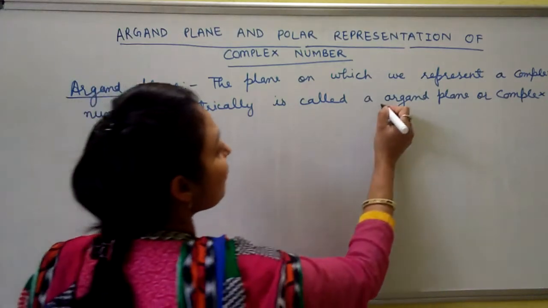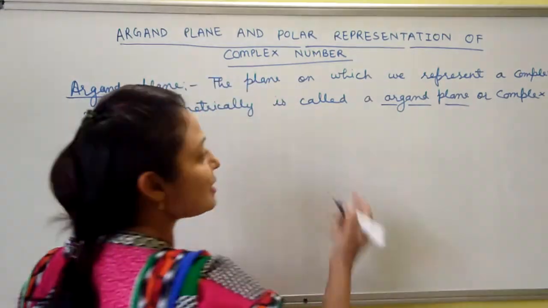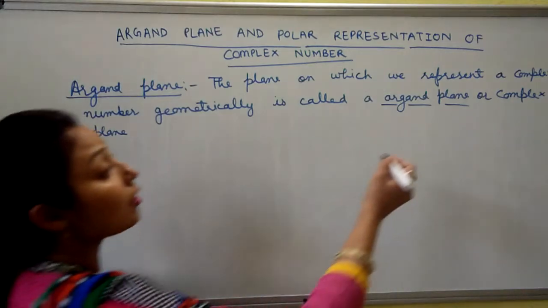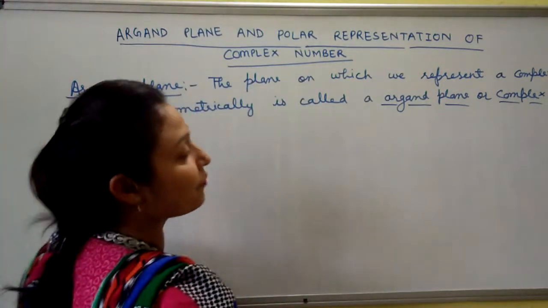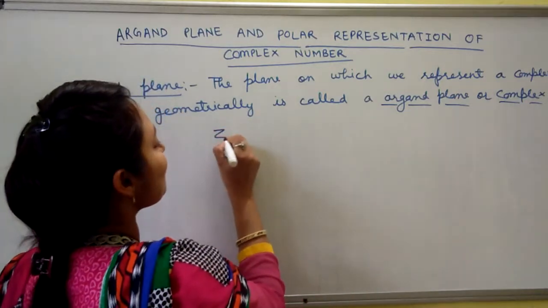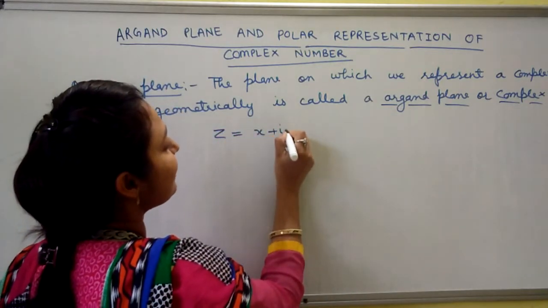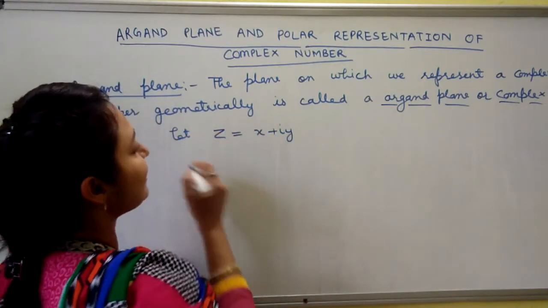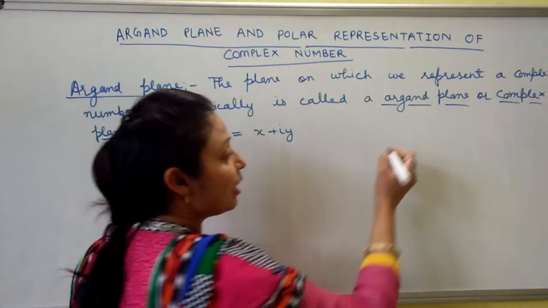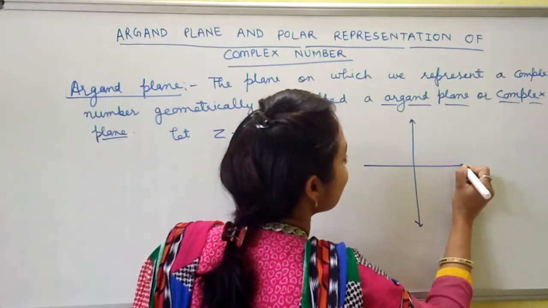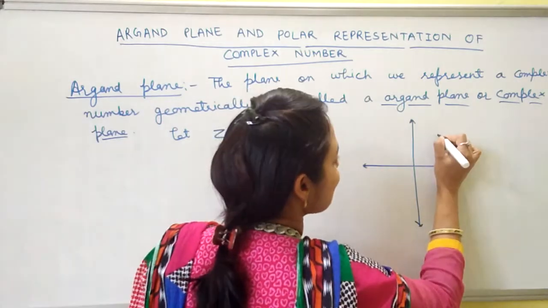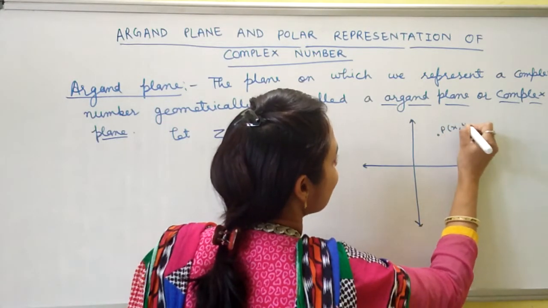What is the meaning of representation? Definition says that let us suppose we have any complex number, that is x plus iota y. When I represent it on a plane, let us suppose this is a point P, (x, y).